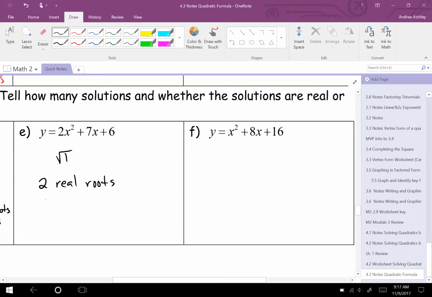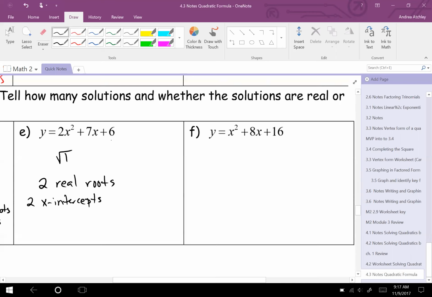So that means it crosses the x-axis twice. 2 x-intercepts. The goal here is that you can picture what the graph's going to look like. Okay, I know my vertex is going to face up because this is positive, has a y-intercept at positive 6. Okay, and it's going to cross the x-axis twice.